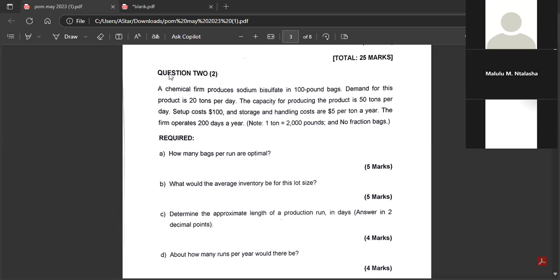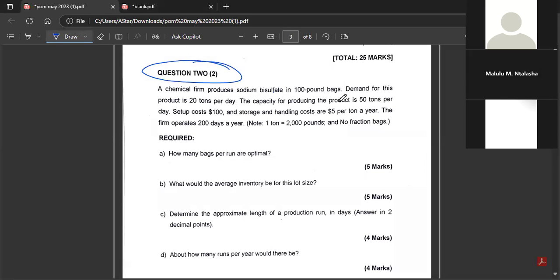Okay. Can we? Are you able to get me now? So let's look at this question here. Hello? Are you able to see question 2 of this paper?